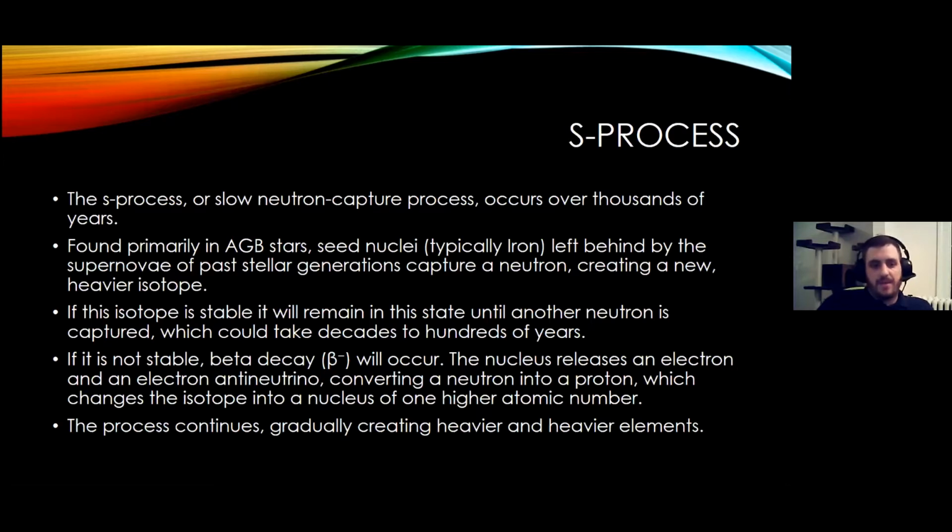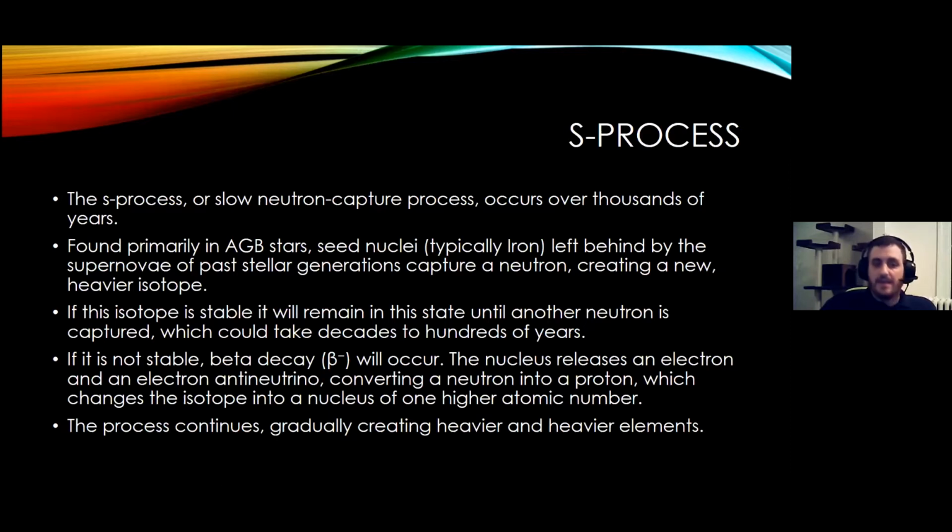But if it's a stable isotope, it won't undergo that beta decay. It'll just sit there until it captures another neutron. Now, in the slow process, the time between those neutron captures is going to be on the order of decades to hundreds of years.